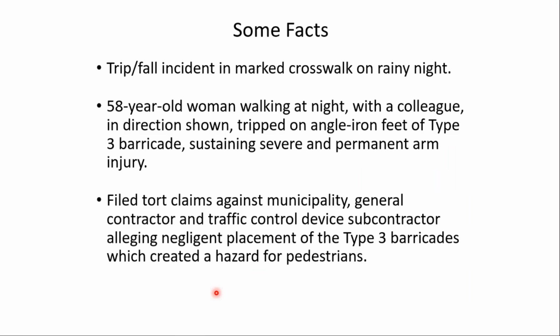She was a nurse, and so obviously that affected her earning potential for the rest of her career. And so she filed tort claims against the municipality, the general contractor, and the traffic control device subcontractor, alleging negligent placement of the type 3 barricades, which created a hazard for pedestrians.